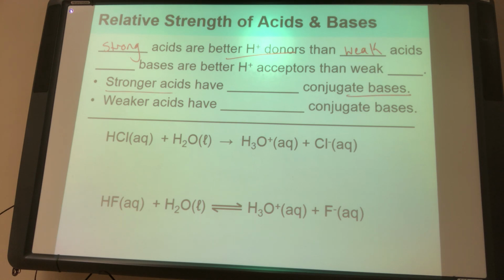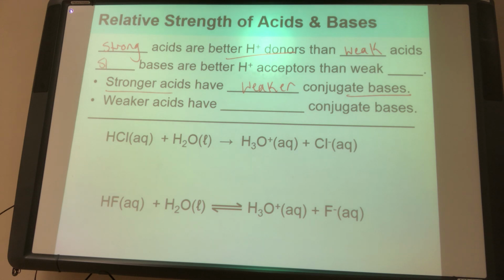If the acid is strong, because they're going to be so good at donating, their partner is going to be a weaker base. Because remember, bases are going to be acceptors, and these are donors. These want to donate a lot. So if they really want to donate, they're making this guy weaker. Kind of the opposite.